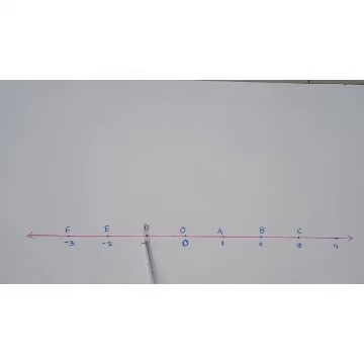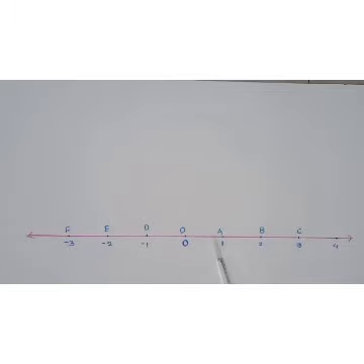On the left hand side of origin, point D is at unit distance and the coordinate of point D is -1. Same, on the right hand side, point B has coordinate 2 and point E on the left hand side of origin has coordinate -2.